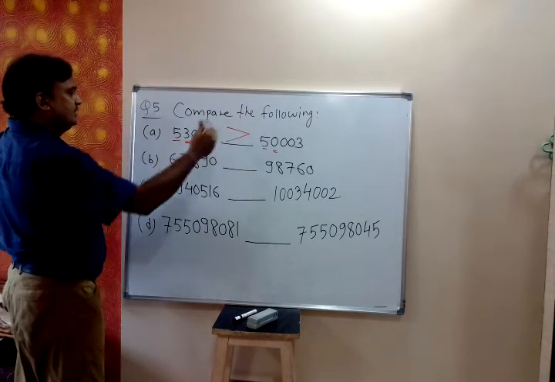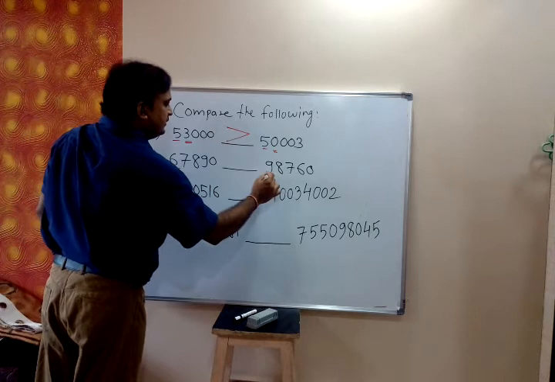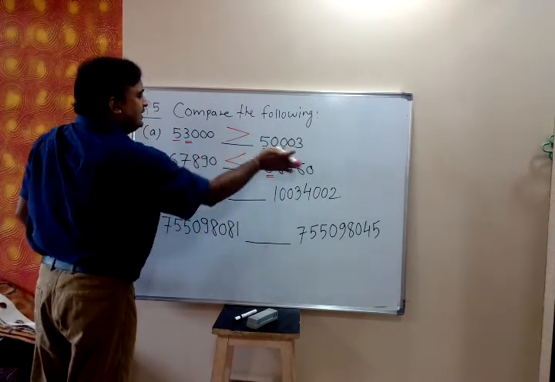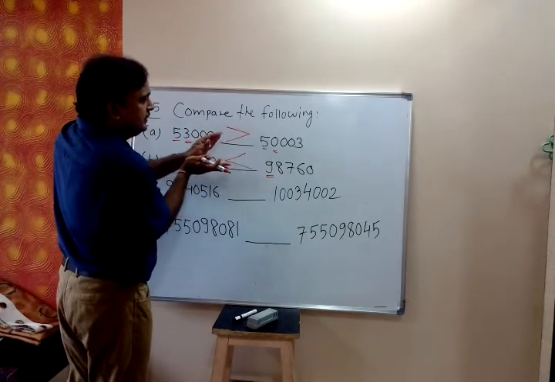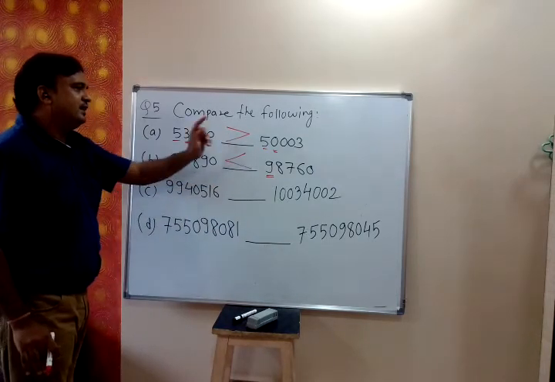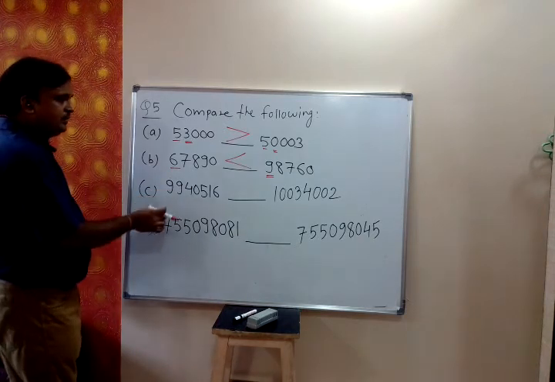So 6, 9. Which is bigger? 9. So this number is bigger. Mouth opening will be this side, toward the bigger number. So this we say greater.